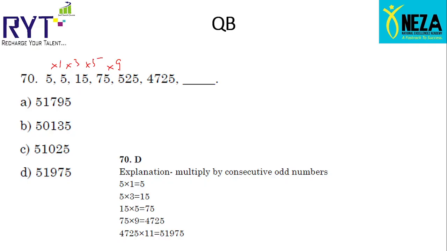That's why 5 is becoming 5, which means 5 ones are 5, right? Then 5 is becoming 15, 15 is becoming 75 because it is into 5. Then 75 into 7 becomes 525. 525 into 9, this 9 becomes 4725.